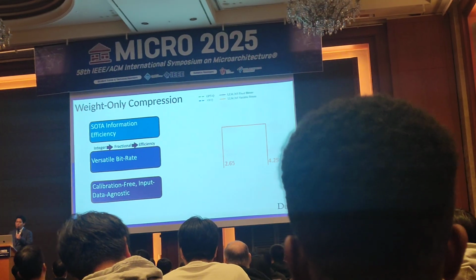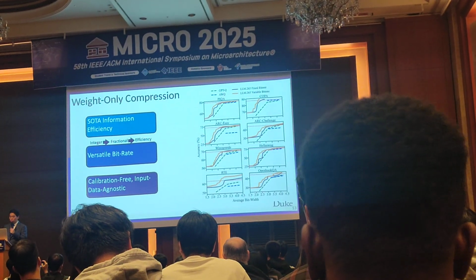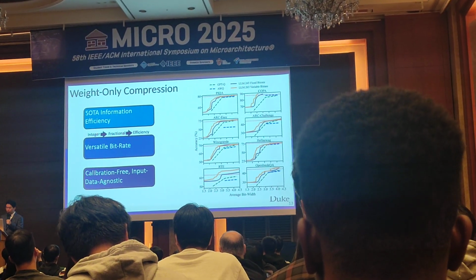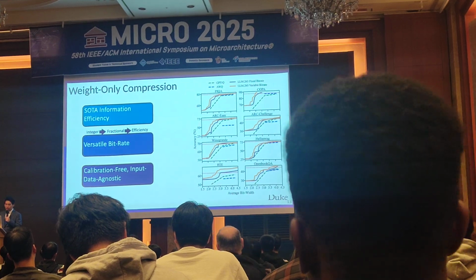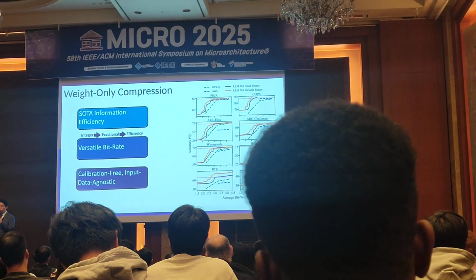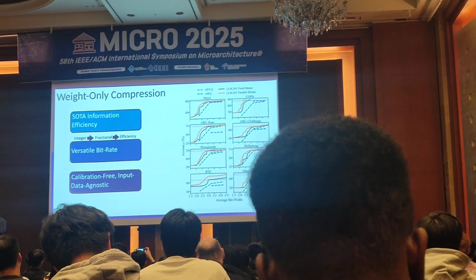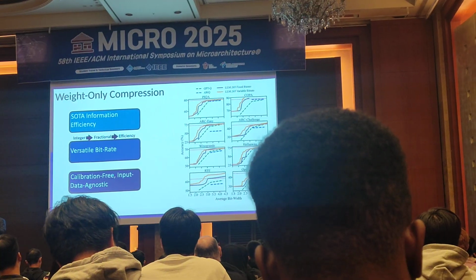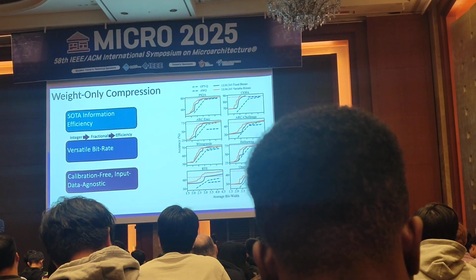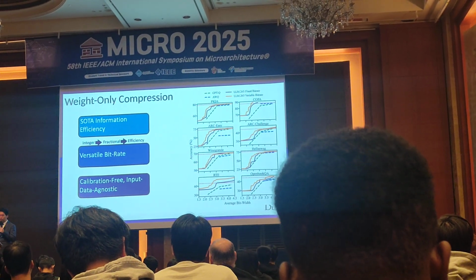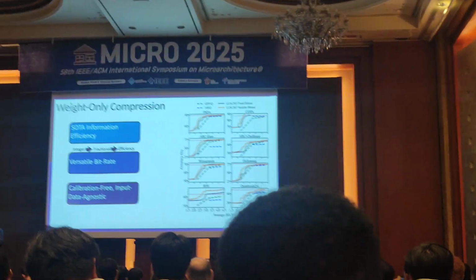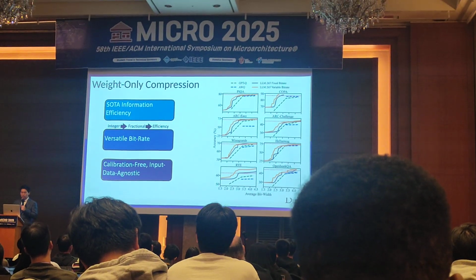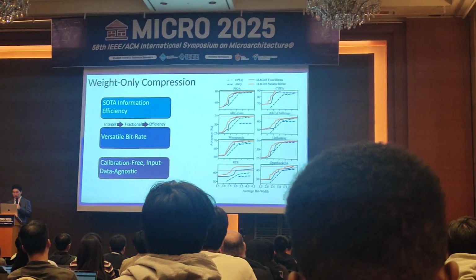More importantly, related works like GPTQ and AWQ all require input data-aware calibration, which means that a carefully chosen dataset needs to be used to calibrate the quantization and compression process, making the quality of the compressed model data-dependent and fragile to changes in input distribution. Our method is purely data-independent, making it more robust and easier to deploy.